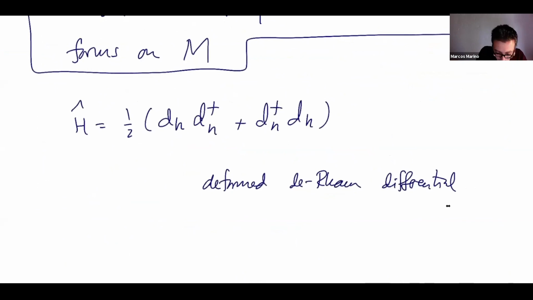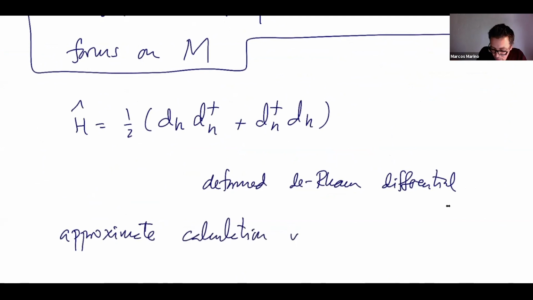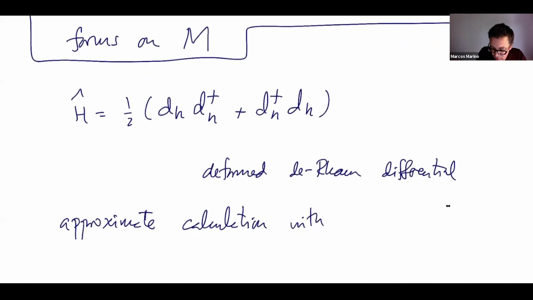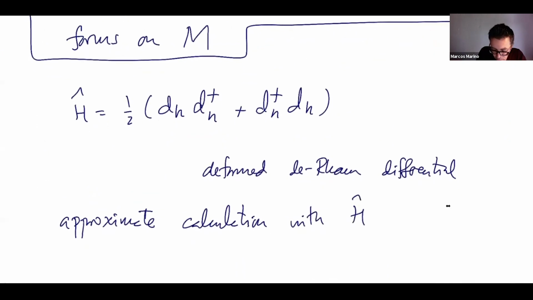So let's do an approximate calculation with this h of supersymmetric ground states. Well, this is really what we did in the first part of the course.